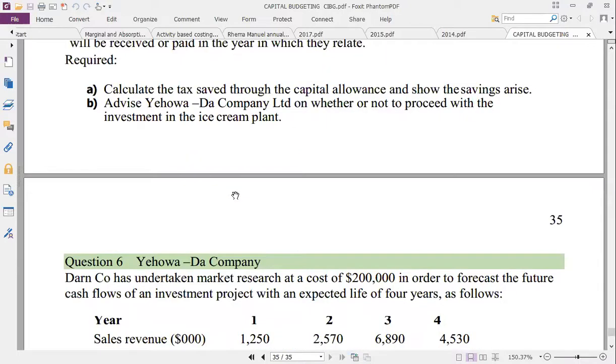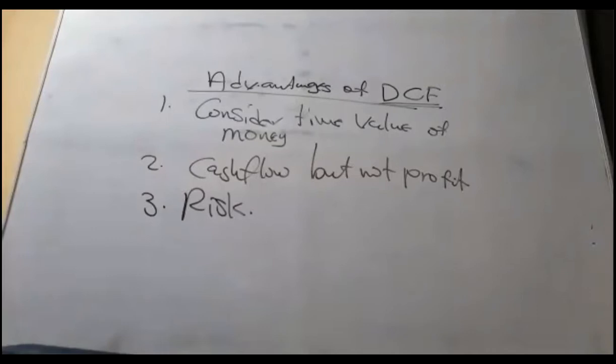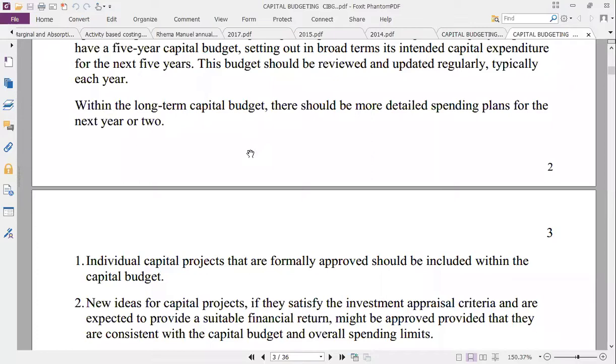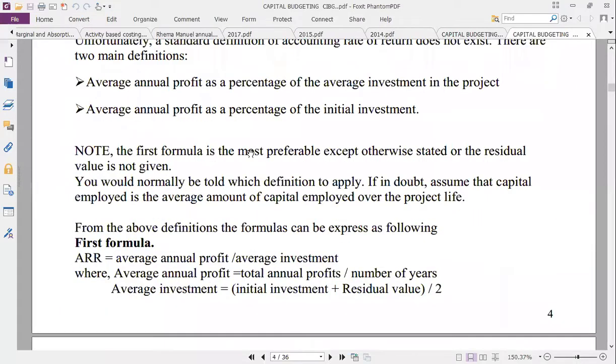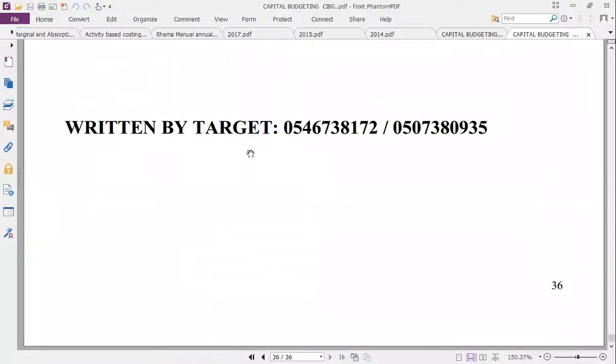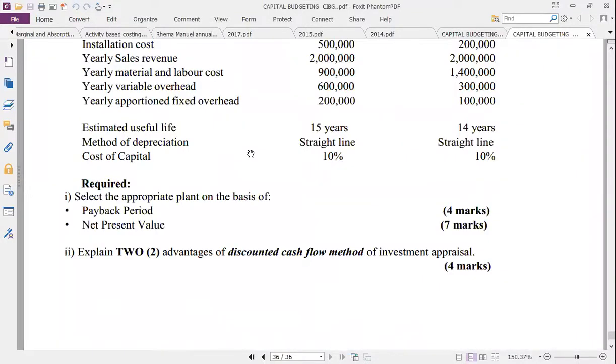It's supposed to be 36 pages, not 35. So let me open the updated version. Now let's use this one. This is the current one. Let's go to the last page. The question is here.